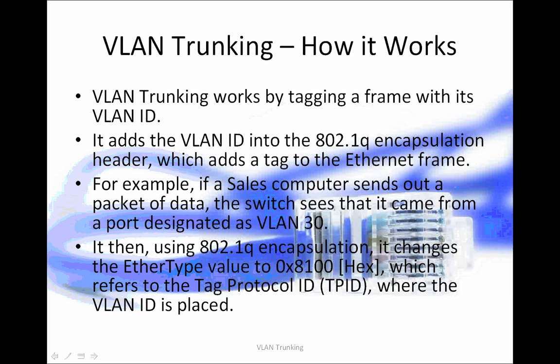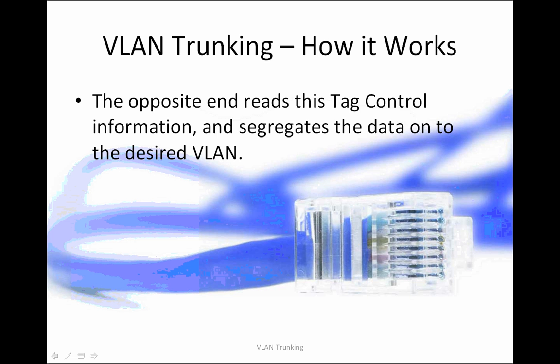It then, using 802.1Q encapsulation, changes the EtherType value in the Ethernet header to 0x8100 in hex format, which refers to the tag protocol ID, and that's where the VLAN ID is placed. On the opposite end, which is typically a switch, it reads this tag control information and it segregates that data onto the desired VLAN and searches for the destination device.